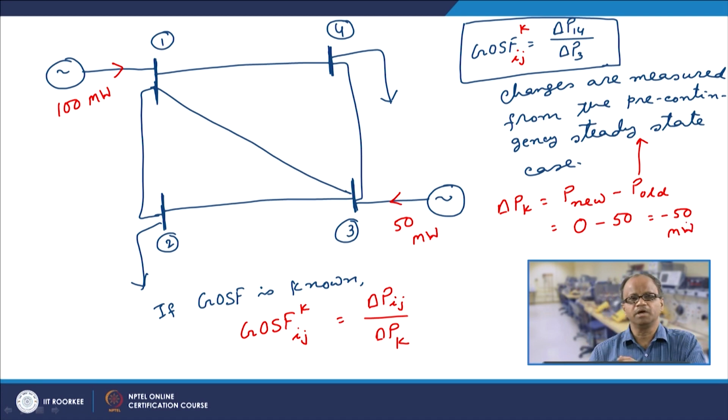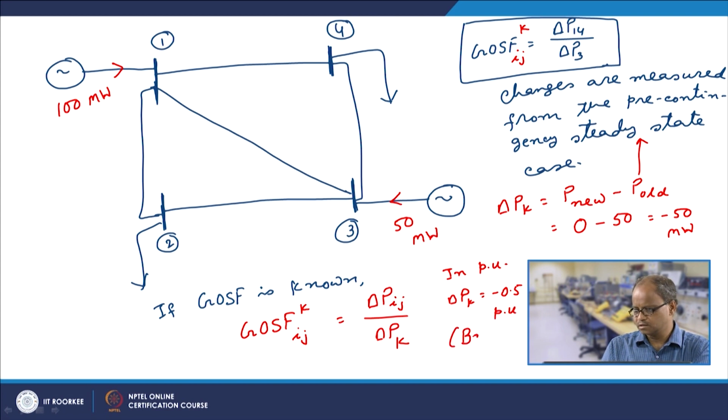And if our base is 100 MVA, then in per unit delta P k would be equal to minus 0.5 per unit for base equal to 100 MVA, correct. Now, suppose all GOSF Ij k are known.